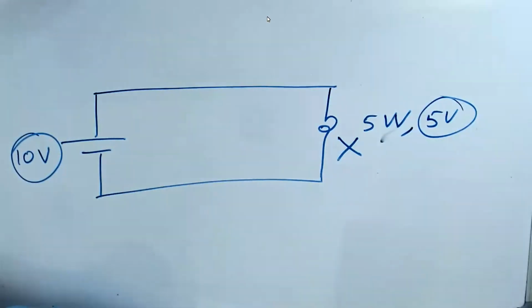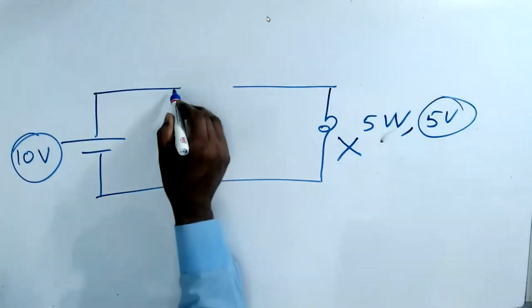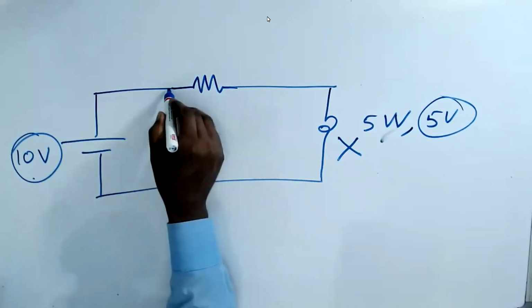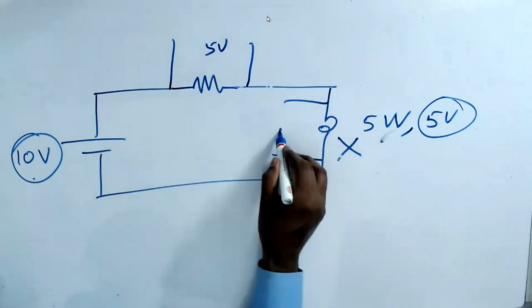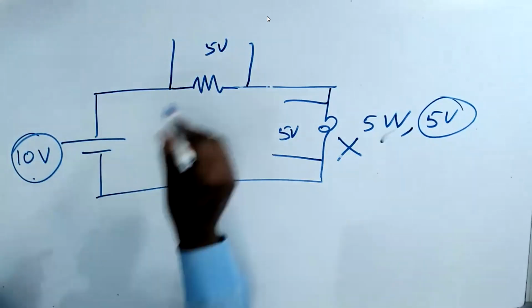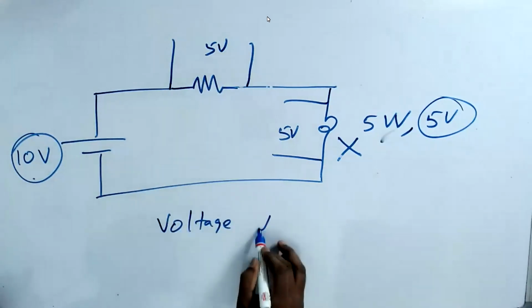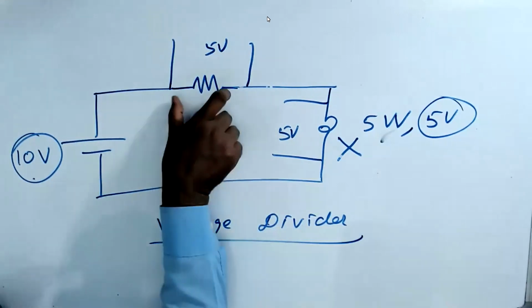Now, what I have to do is put a resistor here, and the 10 volts should drop 5 volts here and 5 volts here. Understand now? This is called a voltage divider. I divide the voltage across two things.